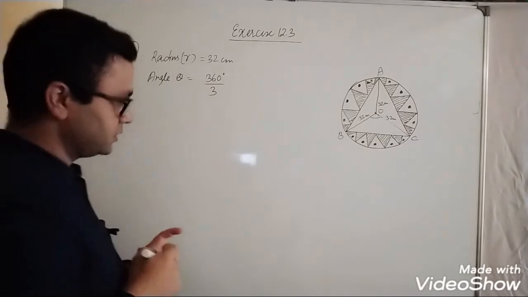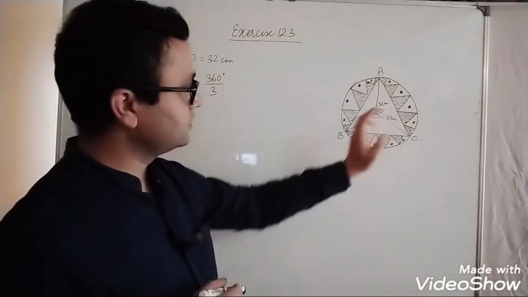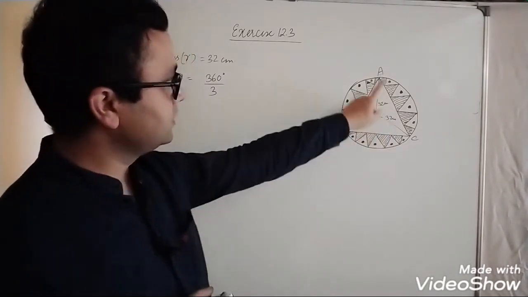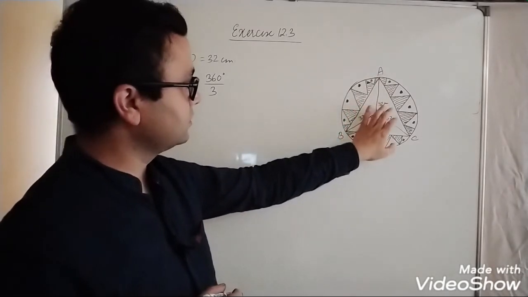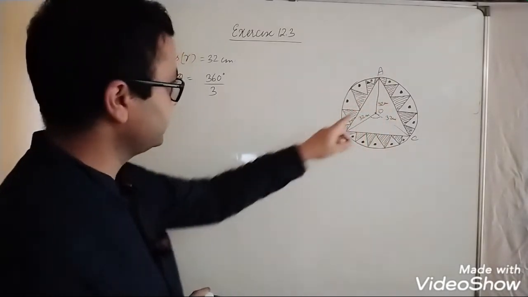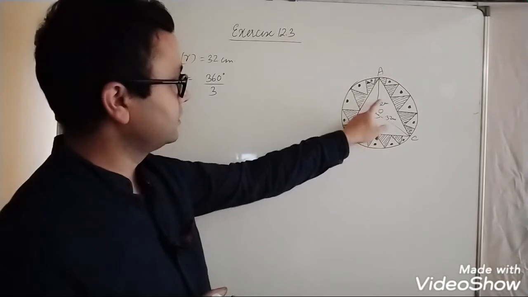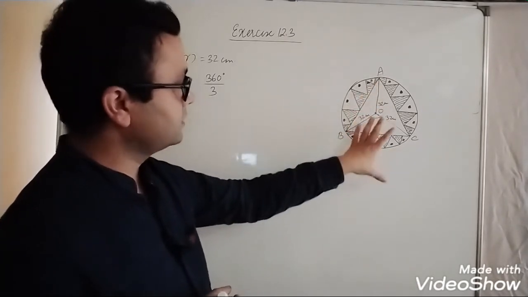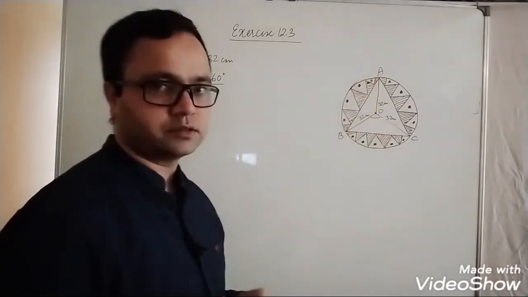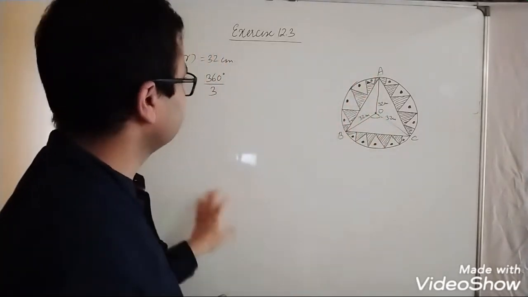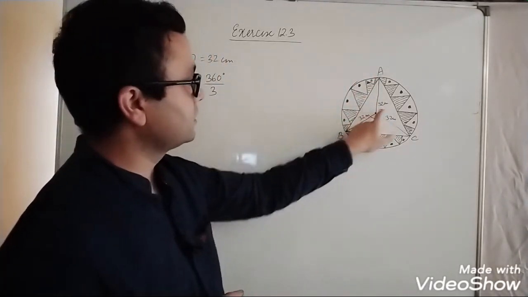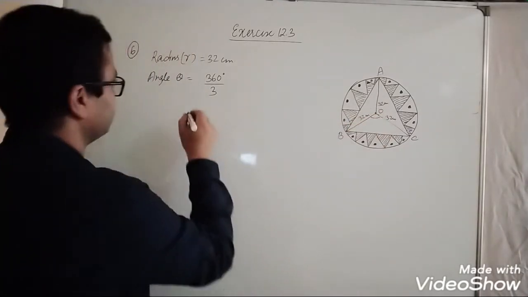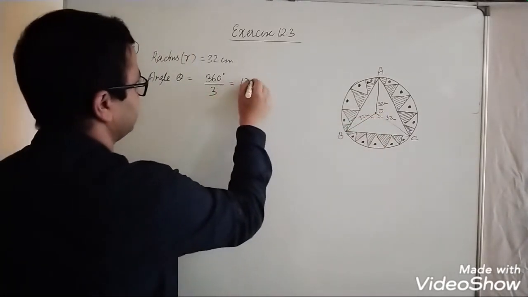Why? Because these 3 radii divide 360 into 3 equal parts, 3 equal sectors. Three equal sectors means these 3 angles are equal. So this equals 120 degree.